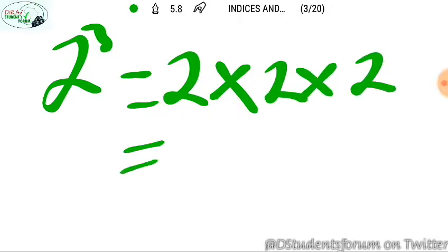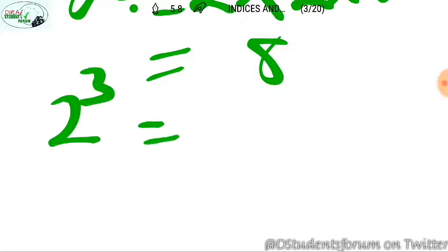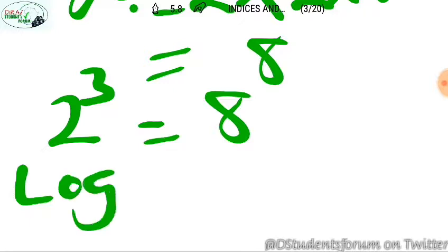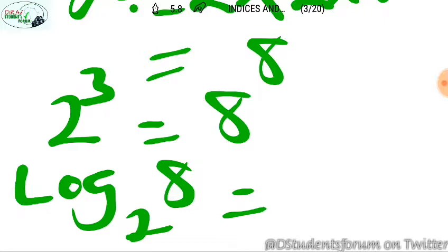Our 2 times 2 is 4, and 4 times 2 is 8. Now, for this index form, we all know that 2 raised to power 3 is 8. Definitely, the logarithm of 8 to base 2 will be equal to 3.